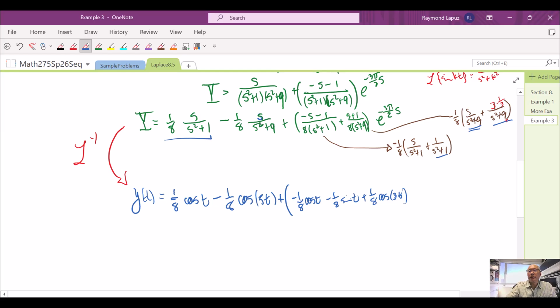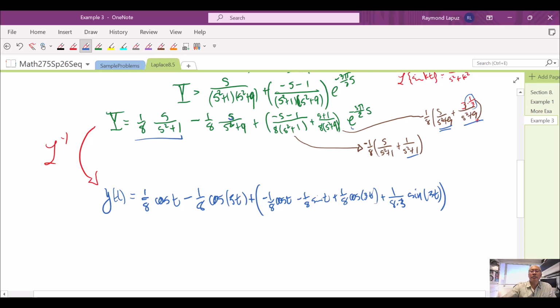Now this is the tricky part. We have a 1/8, but then we also need to extract this 1/3 out. That gives a 3 in the denominator. And then that will leave you with a 3 over s squared plus 9, which is going to be a sine 3t in the inverse transformation back.